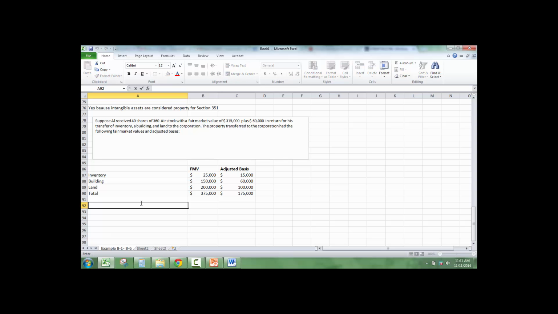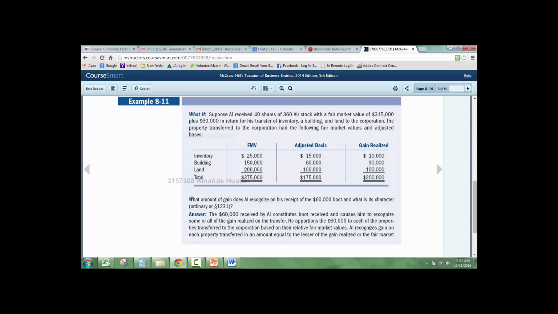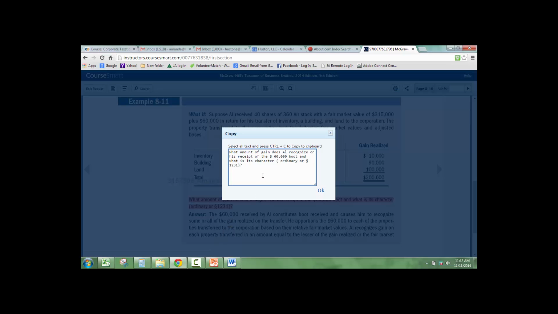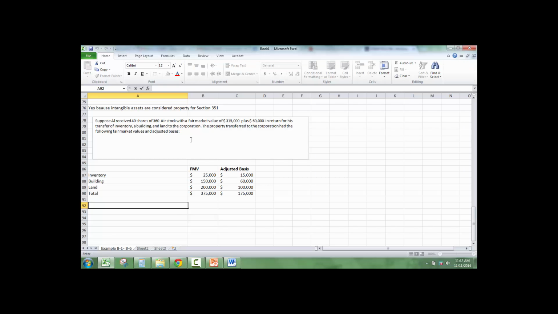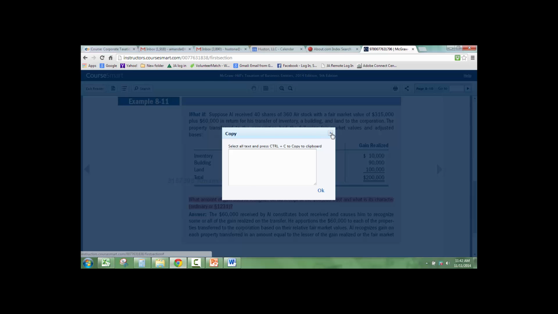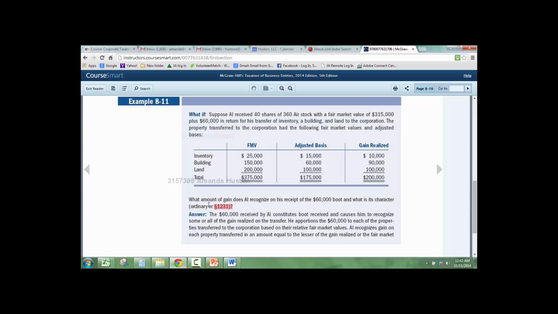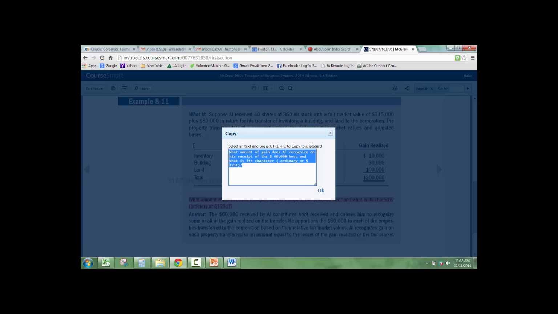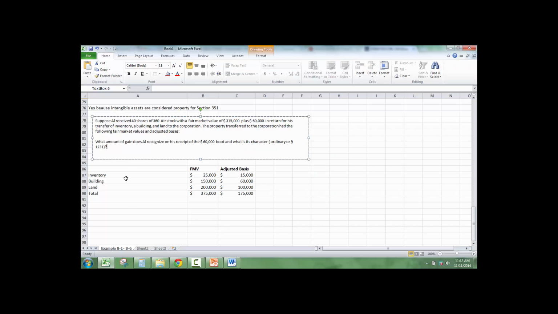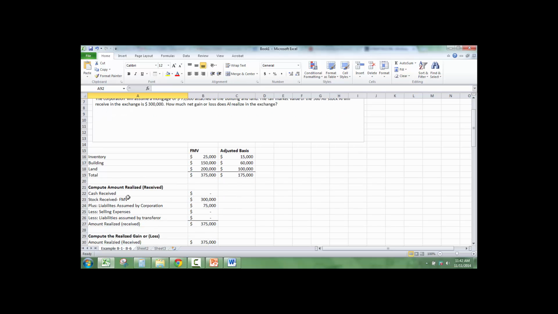So first we must compute what amount of gain does Al recognize on the receipt of his $60,000 boot, and what is the characterization? What is the character of the gain, ordinary or Section 1231? Okay, so now we're going to compute the amount realized.